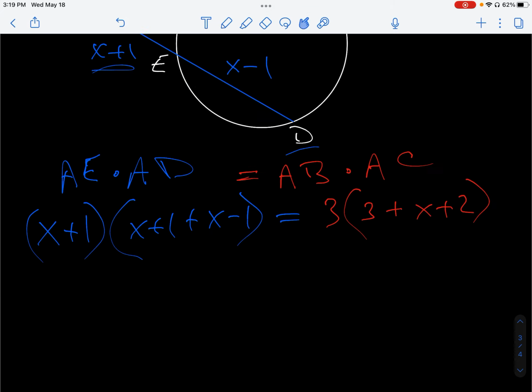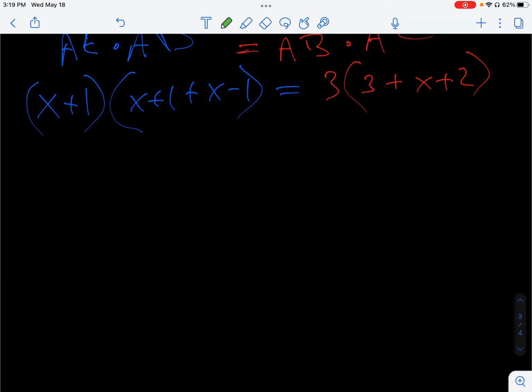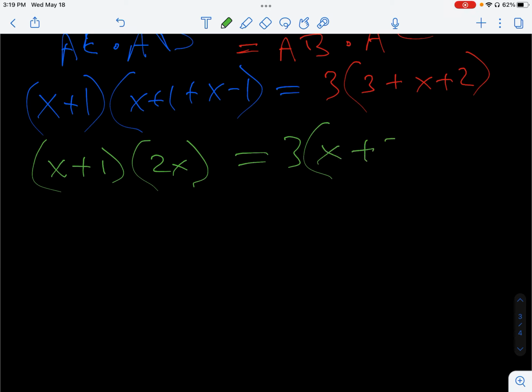All right, now let's switch to green here. So first thing, let's combine like terms. So x plus 1 times 2x, plus 1 minus 1 is just 2x. So it's going to equal 3 times x plus 5. Let's go ahead and distribute our x's and multiply everything out.